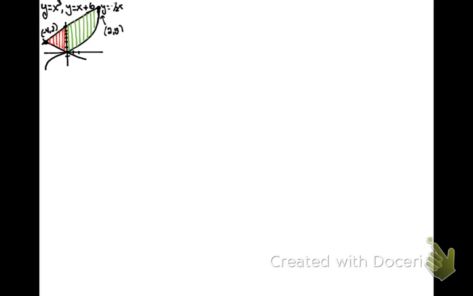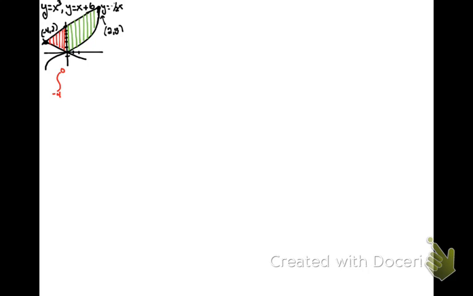My integral for the area in red will be going from negative 4 to 0, because that's the x values that it's bounded by. And for our area under the curve, we always want to integrate the upper curve minus the lower curve.